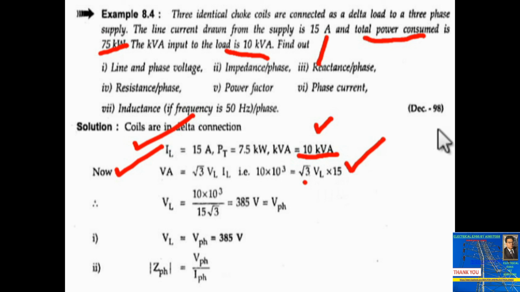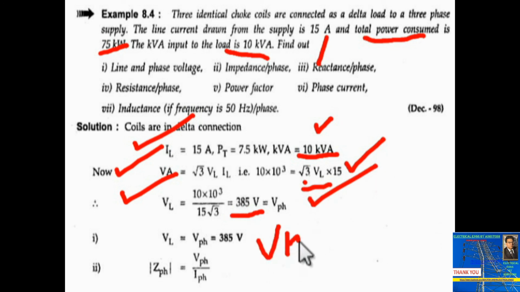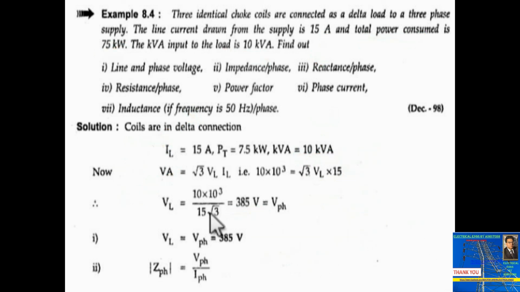We are not given the line voltage, so we can find it from this formula. 10 into 10 to the power 3 divided by 15 into root 3 is equal to 385 volt. That is also equal to the phase voltage, because in a delta circuit VPH is equal to VL. Always remember this. So VL is equal to VPH, that is 385 volt.